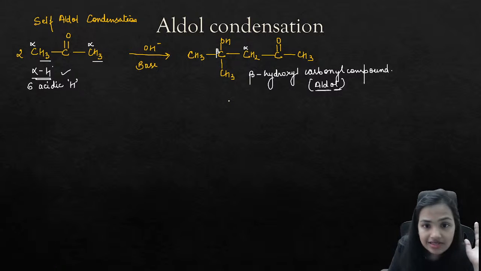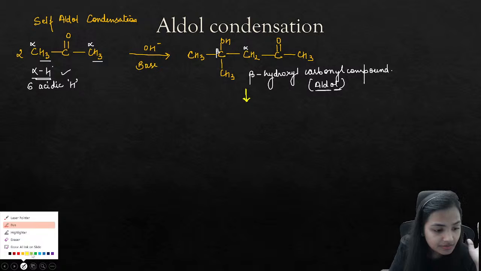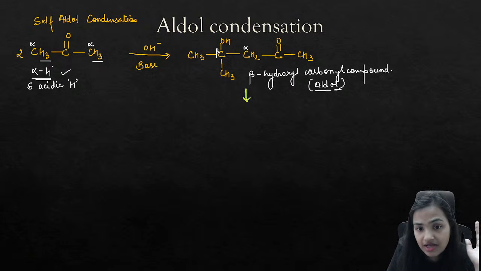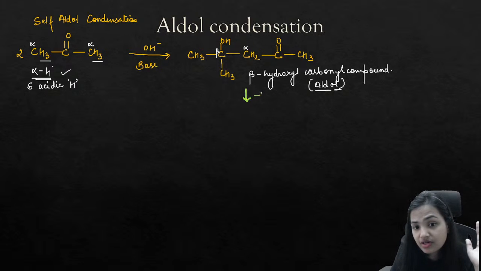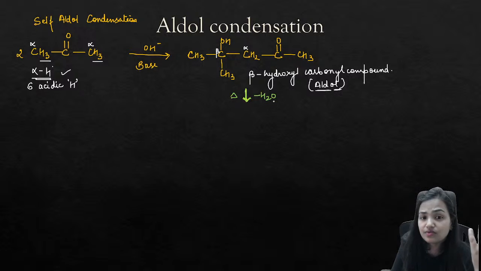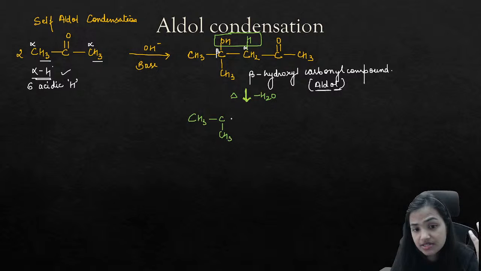And because of one reason, what is the reason behind it? Let me take green color. We have more acidic hydrogens here over the alpha position, more alpha hydrogens are there. So if we do the elimination of water, the dehydration, then this hydrogen and this oxygen will get eliminated, and ultimately we will be getting CH3, double bond CH, single bond C double bond O, CH3.